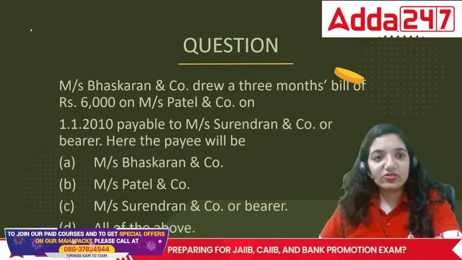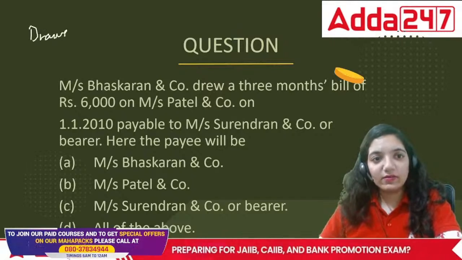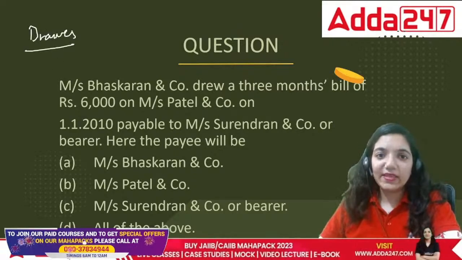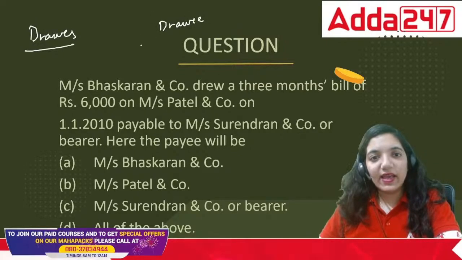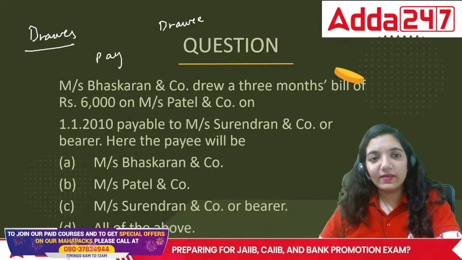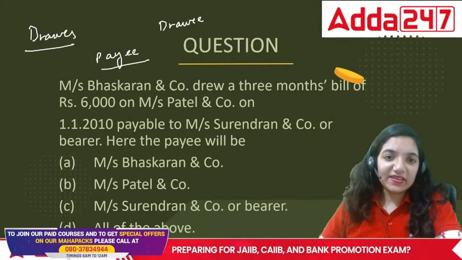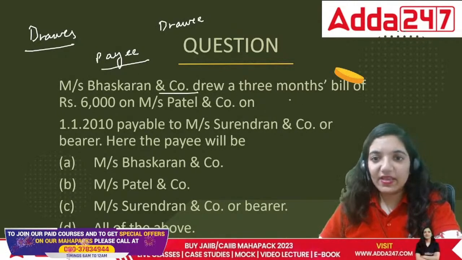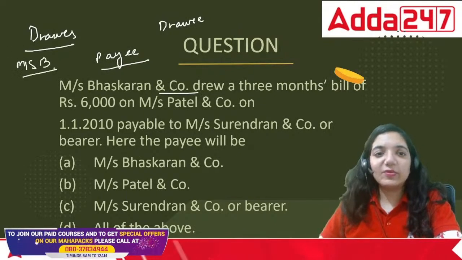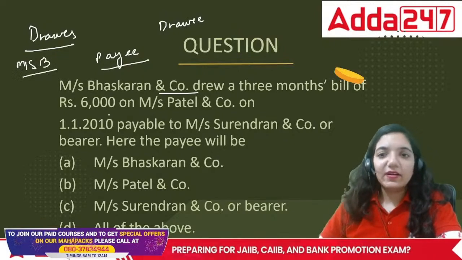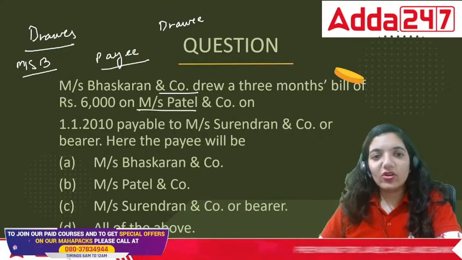First is drawer, second is drawee, and payee. Messrs. Bhaskaran and Company drew the bill. So Messrs. Bhaskaran is basically the drawer, and it is drawn on Messrs.